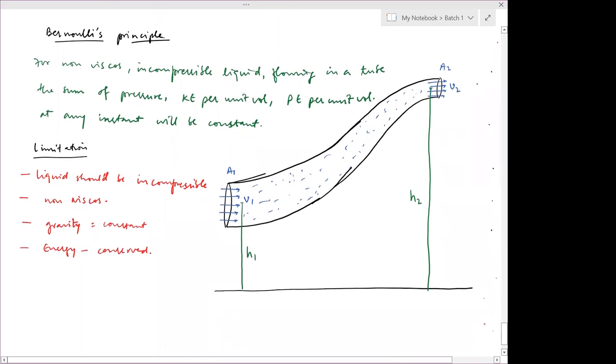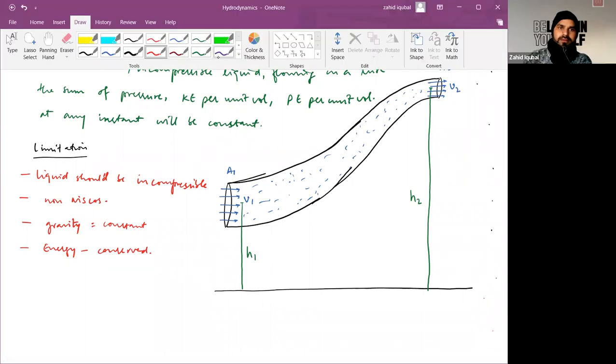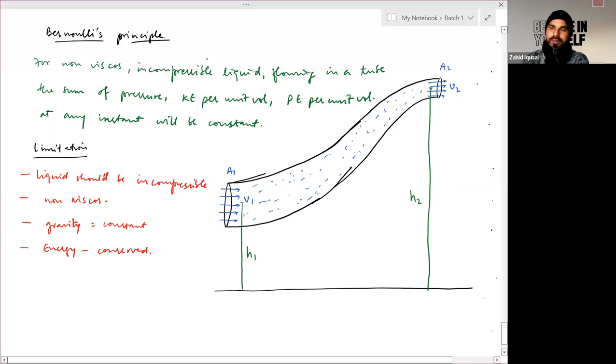Yes, sir, done. Okay. So in this part, if I ask you, which of the factor will be responsible for the flow of liquid from lower end to higher end? Is it possible to flow liquid from lower end to higher end? You'll say no. So there should be some external agency which will be capable of flowing of liquid from some lower end to higher end. Okay.